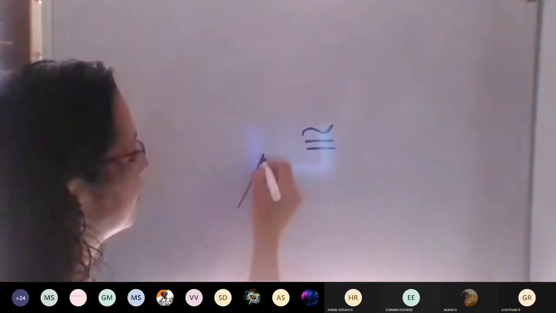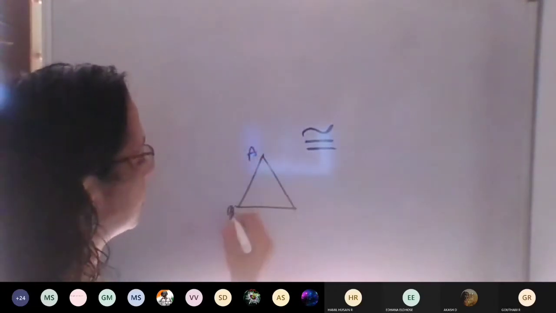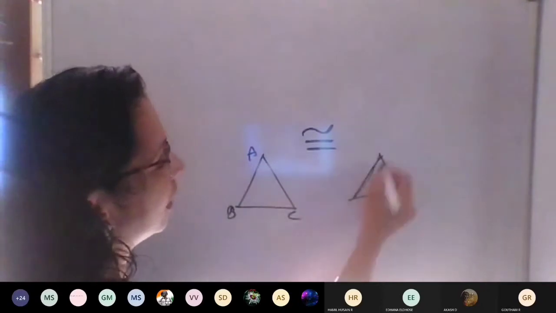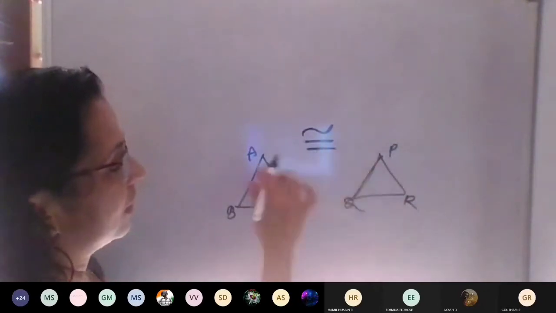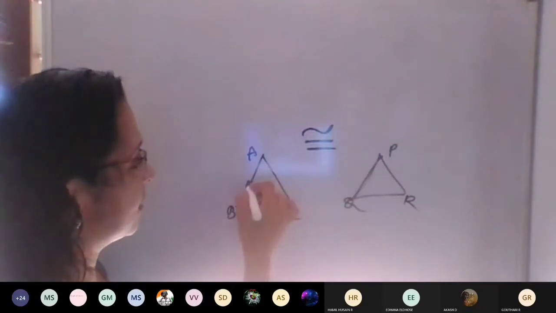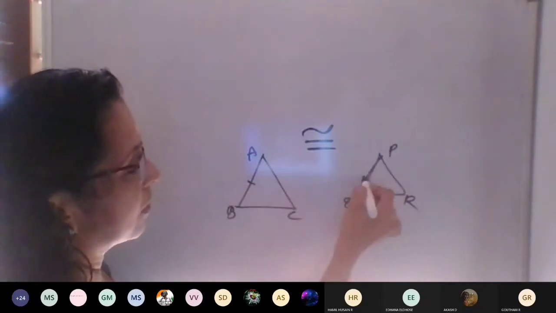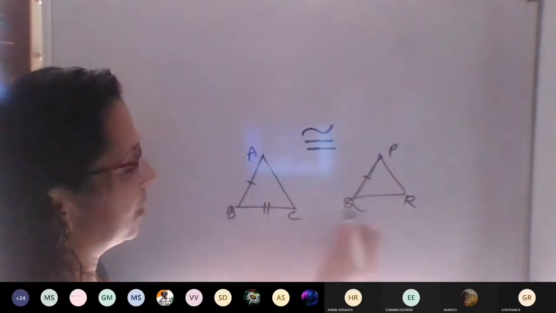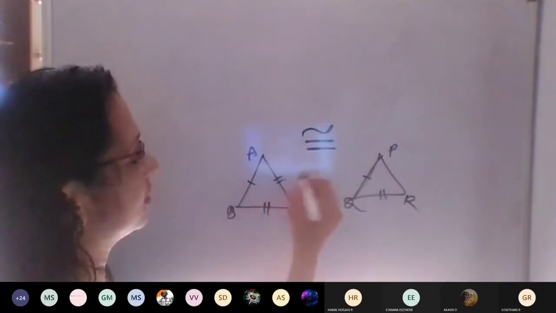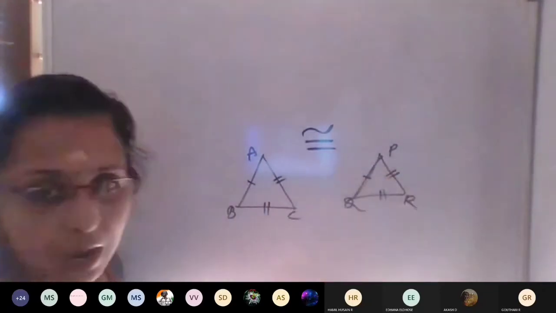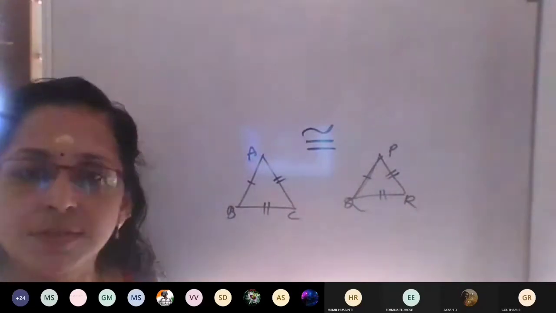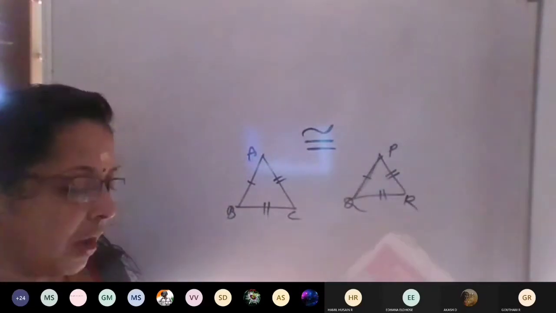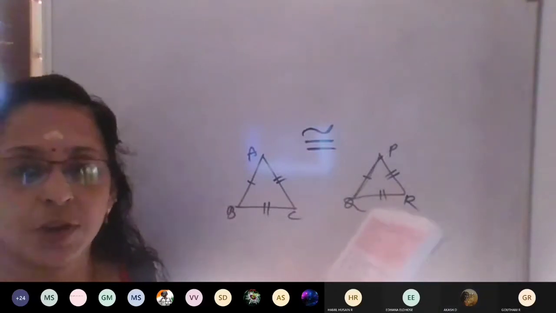Suppose triangle ABC and triangle PQR, these two triangles are congruent. Suppose this is AB and this is PQ. Here BC is equal to QR and AC is equal to PR. So which are the corresponding sides here? Tell me. Very important for next year.